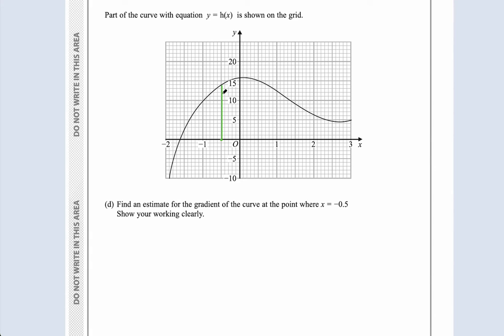Now guys, I don't actually have a ruler, but you need to get a ruler and put it here, and you need to draw along the line. Okay, I need to draw this a bit higher up. Okay, I need to draw along this line so that it's a tangent to the curve.